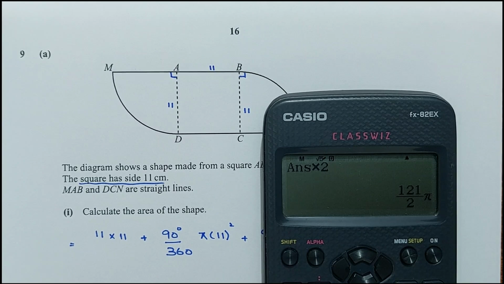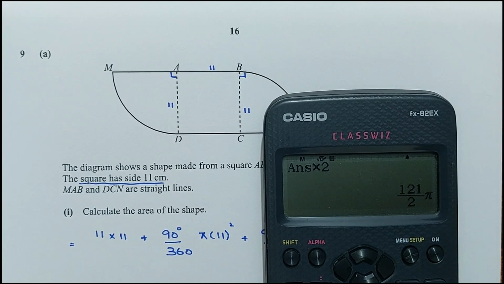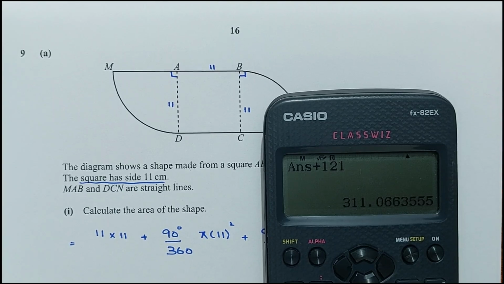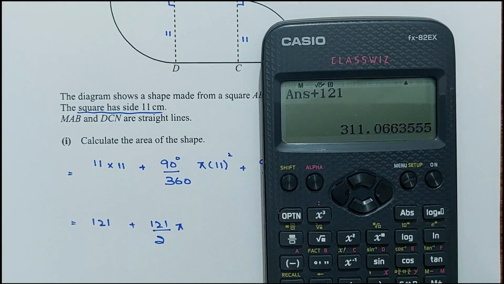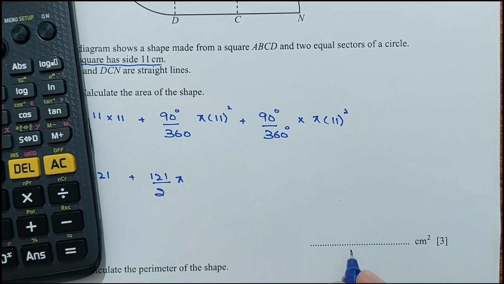So 121 divided by 2 pi, add 121. This is 311.1 centimeter squared.